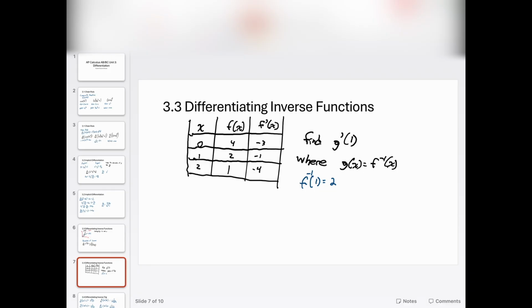So now, looking at this, f inverse of 1 is equal to 2. Looking back at the equation, you can plug that in. You'd say 1 over f prime of f inverse of 1, which is really 1 over f prime of 2, which will just be 1 over negative 4.